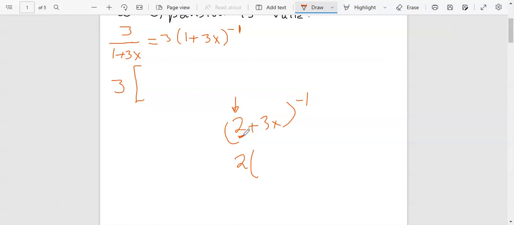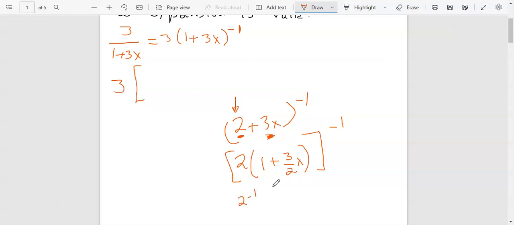What will remain here is a 1, and then plus, if I factorize out a 2, 3 over 2x. Now I need to put this like this, and then the negative 1, I'll write it there.